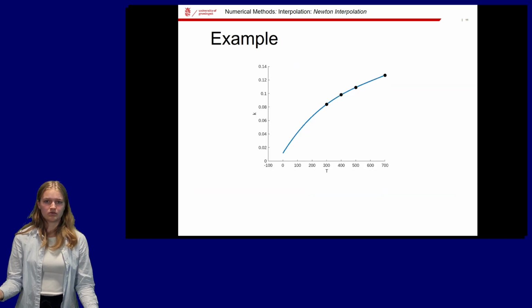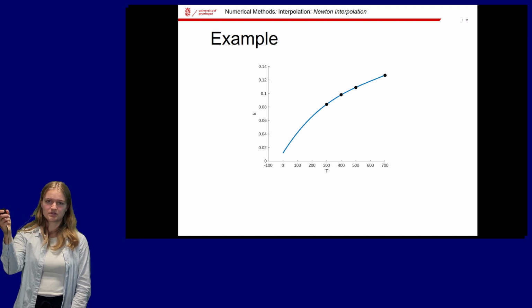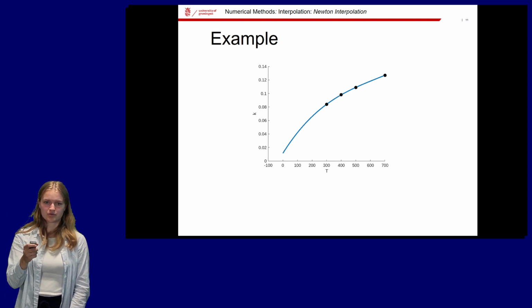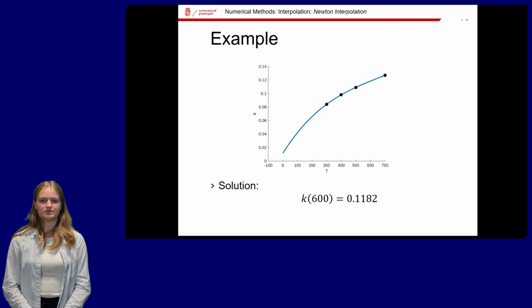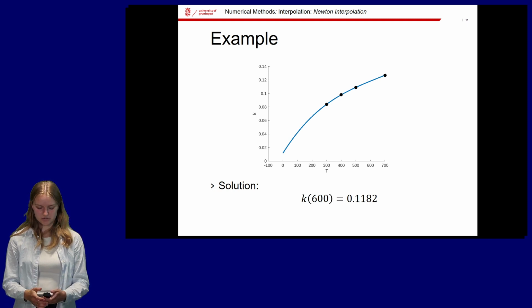And we can plot that in MATLAB as well to get this third order polynomial through these 4 data points. And finally, we obtain our solution, where we can use this polynomial to estimate the value of the thermal conductivity K at 600 Kelvin.